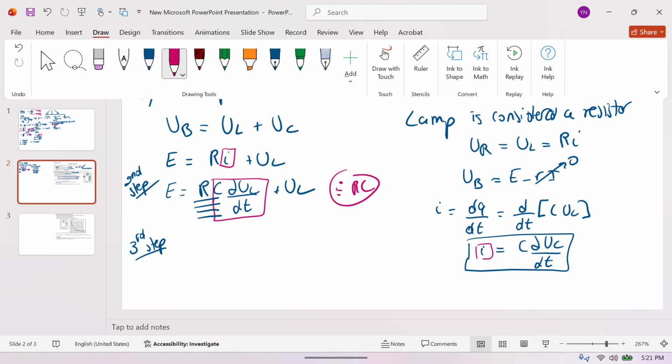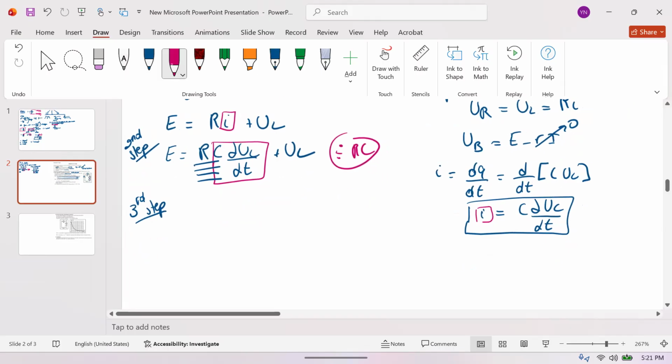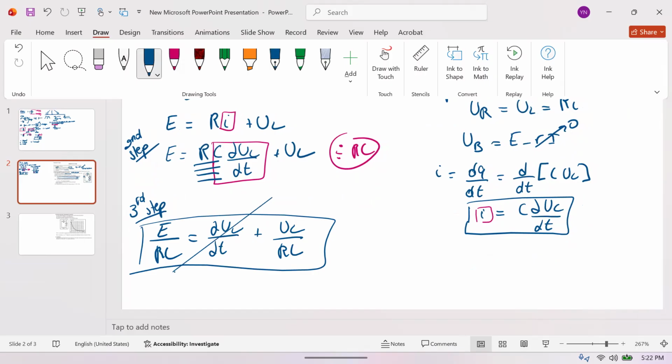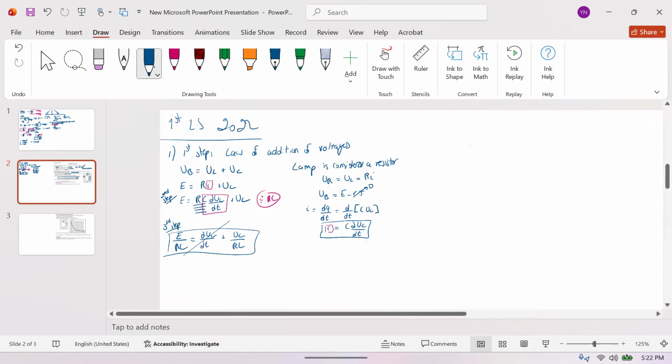What do we get? We get E over RC. RC over RC duc over dt, simply we remove RC from the numerator and the denominator, and here we get UC over RC. But since they didn't ask for the third step here, I can keep it out. But it's really important, mainly they asked about it.